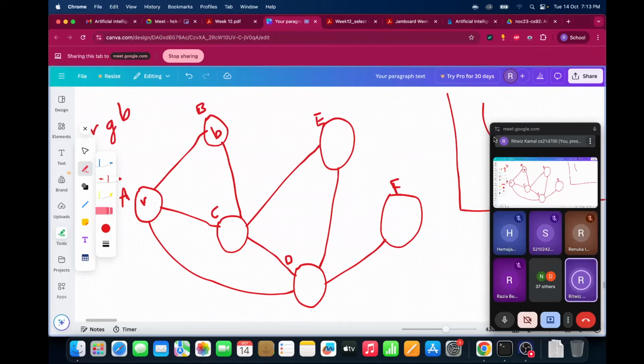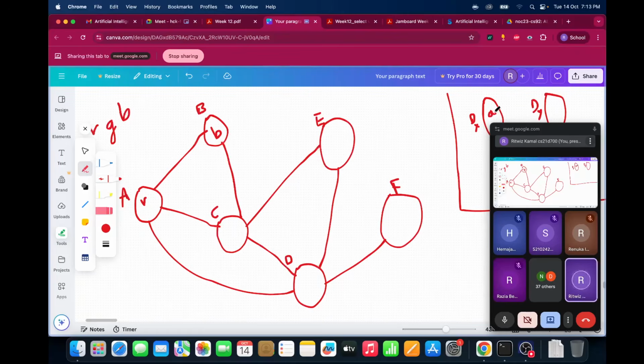Given two domains, domains are basically values that a variable can take. Let's say there are different values in the domain of X, and this domain of Y. Let's say there is one value that X can take, and that value is A. There can be other values as well, but let's say we are considering one of them.